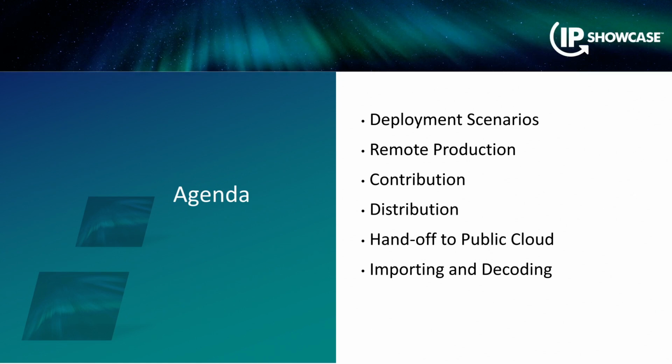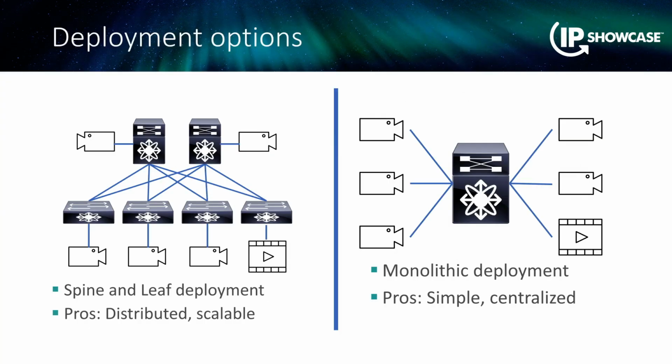And then hit a couple of other use cases: contribution, distribution, handoff to a public cloud, and then importing and decoding that same signal in your environment. So with that, let's look at deployment scenario number one. On the left side, I have a spine and leaf architecture.